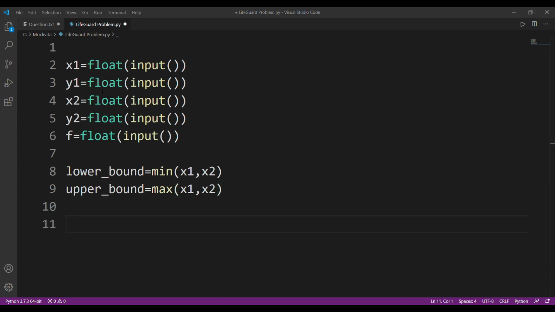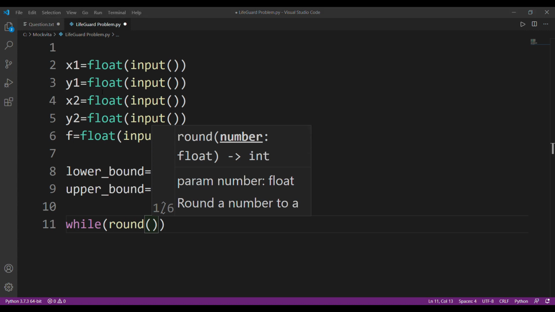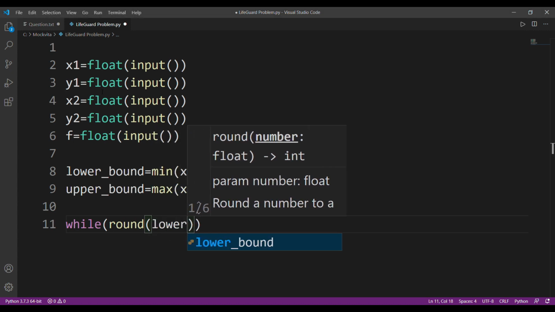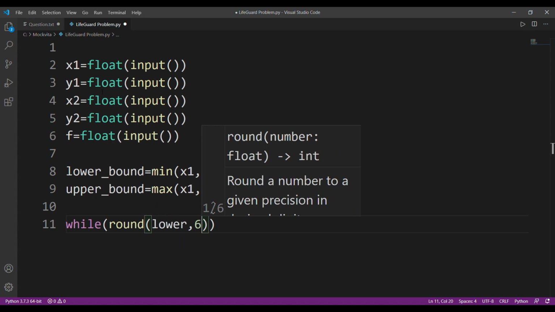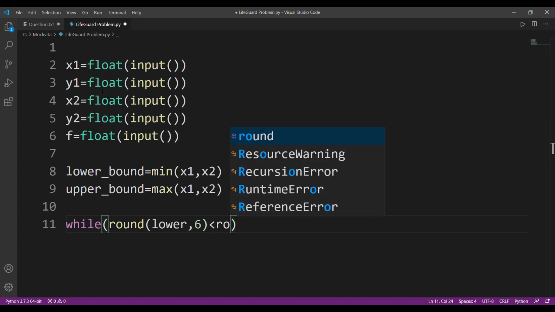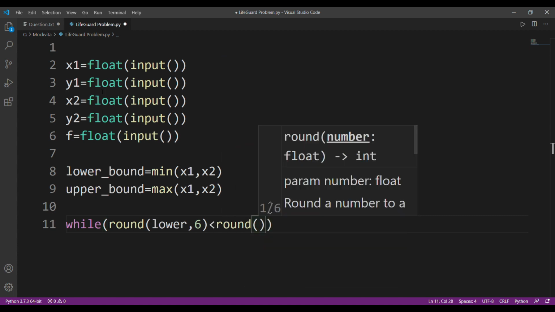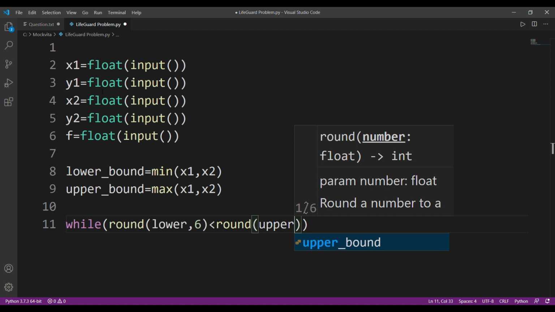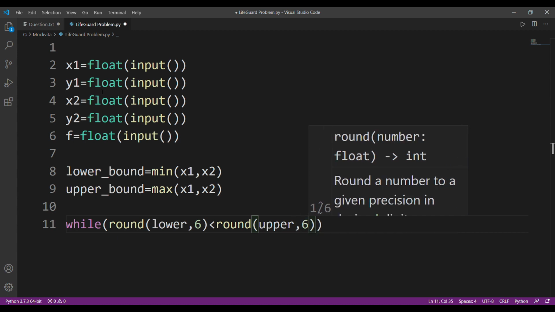Okay, now we'll start our while loop. Since we have to round up our decimal places, I'll just use the round function. You might have similar functions in other languages, like I believe Java also has a round function, and similar functions are available in C++. Okay, while round of lower is less than round of upper comma 6.